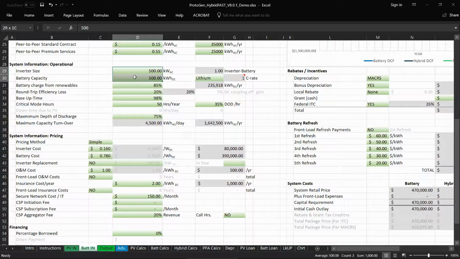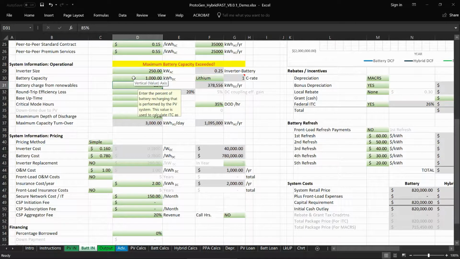Right now in the default setting, we have 500 everywhere: 500 kilowatt DC PV system, 500 kilowatt battery inverter, 500 kilowatt hours battery capacity. However, there may be situations where you have a small inverter. Maybe you only have a 250 kilowatt inverter, but you've got a megawatt of battery capacity.